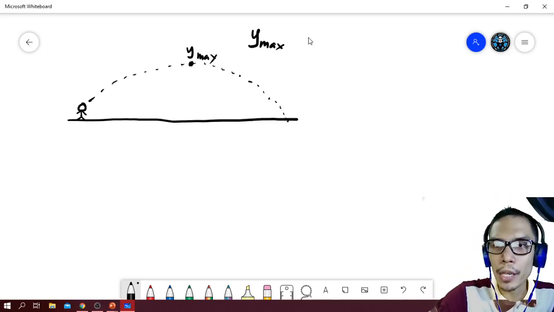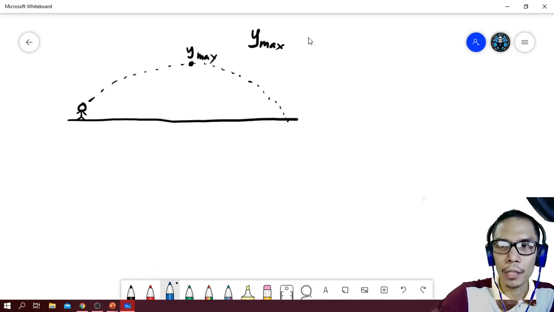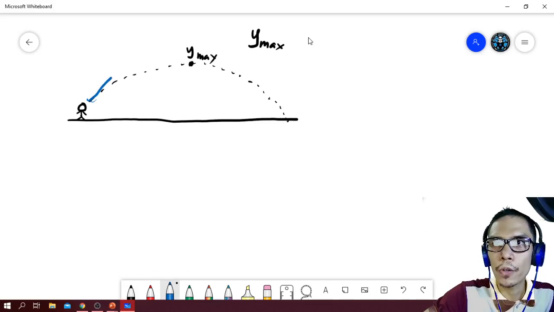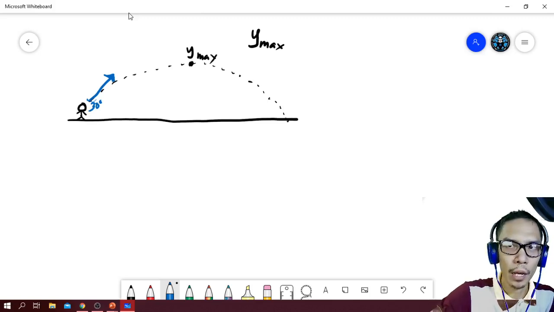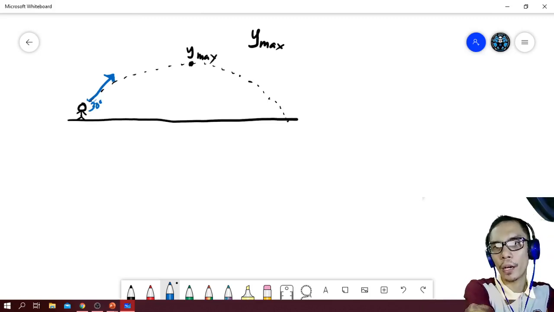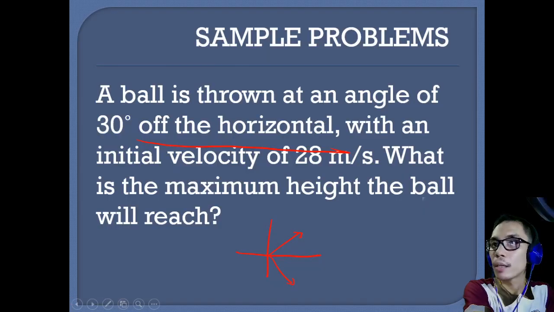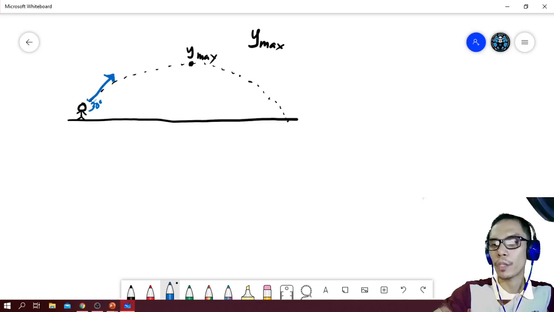There you go. Now, the problem says that the ball was thrown at 30 degrees off the horizontal, and it has a speed of 28 meters per second.